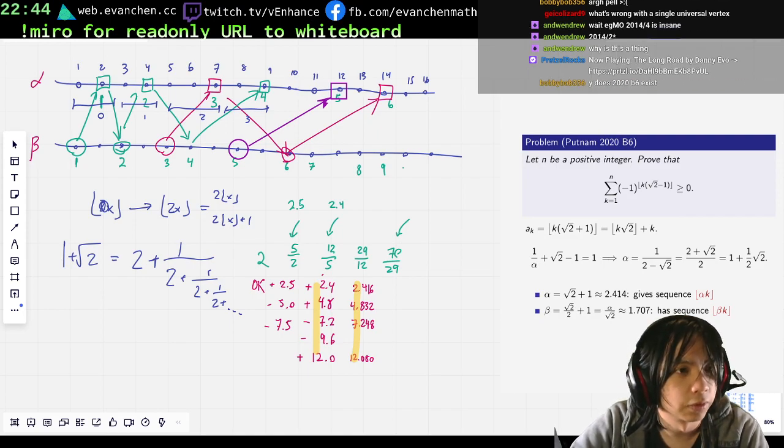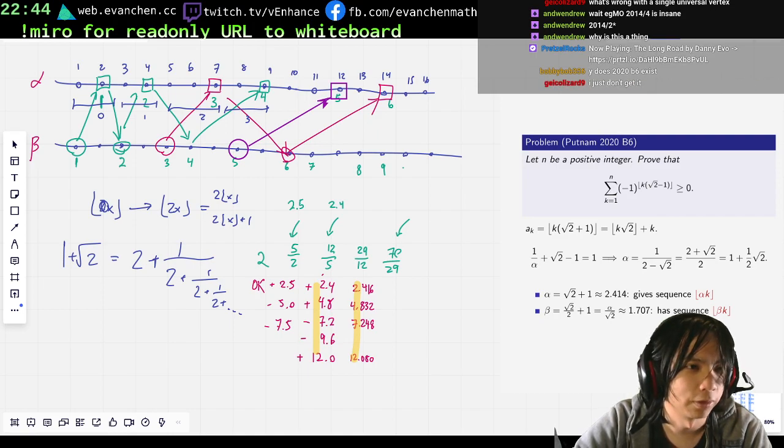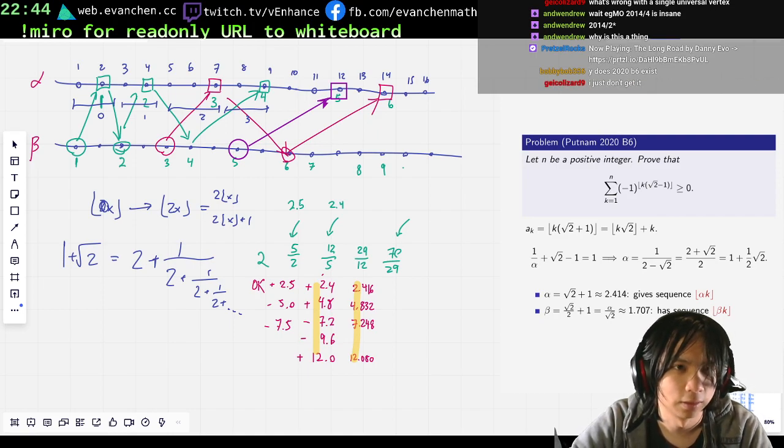Which one is 14.2? What do you mean what's wrong with a single universal vertex? It won't work. You're finding that it doesn't work, so do something else.